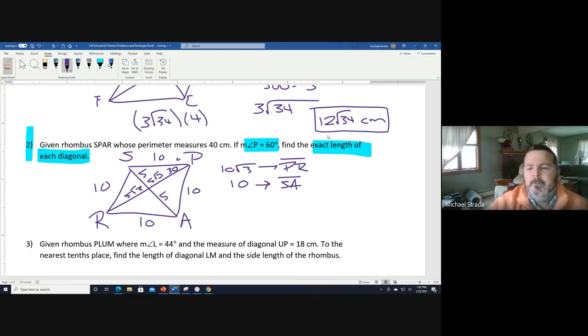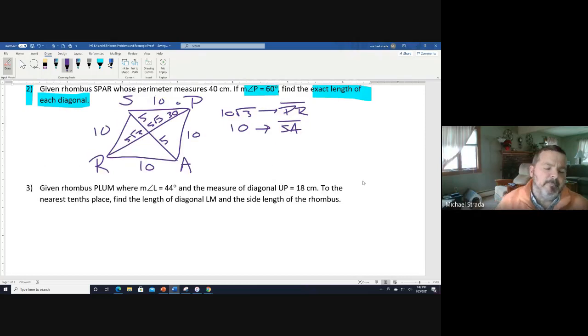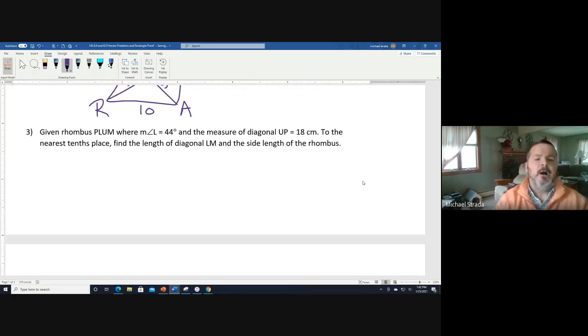Okay. Number 3, given rhombus PLUM, where the measure of angle L is 44 degrees and the measure of diagonal UP is 18 centimeters. To the nearest tenth place, find the length of diagonal LM and the side length of the rhombus. All right, so a couple things. Number 1, the angle measure is 44, which is a great number, but it isn't 30, 45, or 60, which means special right triangles are out.